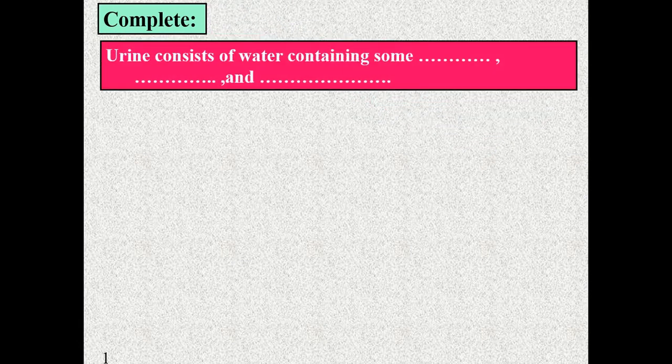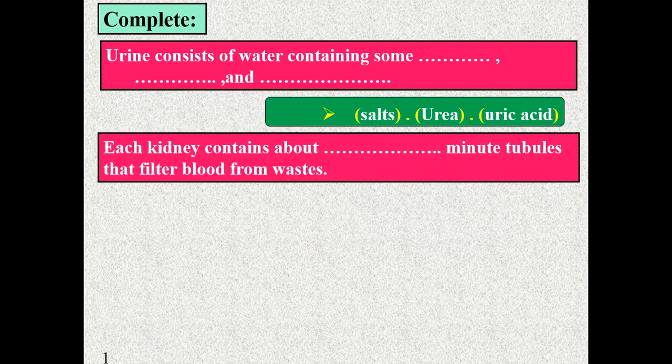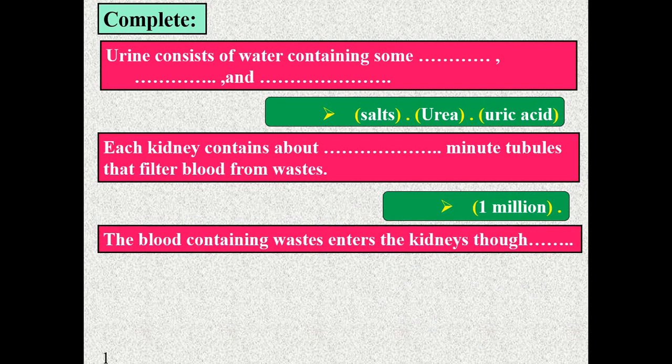Urine consists of water containing some wastes. When you go to the toilet, what does the urine contain? Yes, it contains uric acid, urea, and salts, or excess salt. Each kidney contains about 1 million minute tubules that filter blood from wastes. The blood containing wastes enters the kidney through the artery.